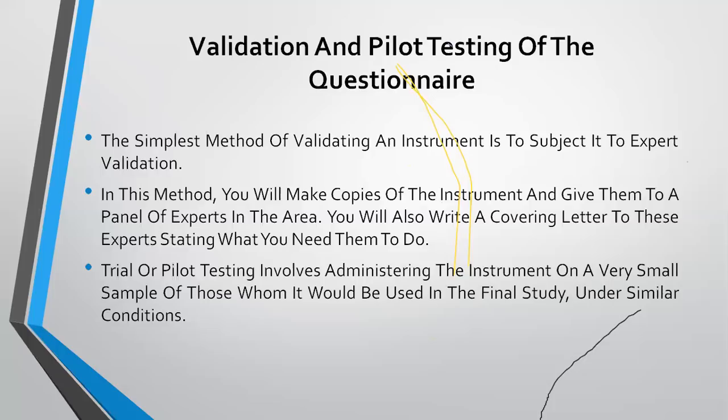You can decide to pick a smaller portion of the population, and you administer this questionnaire. You check the responses they give. It becomes more reliable when other questionnaires yield almost the same response. And that is it about validation and pilot studying.